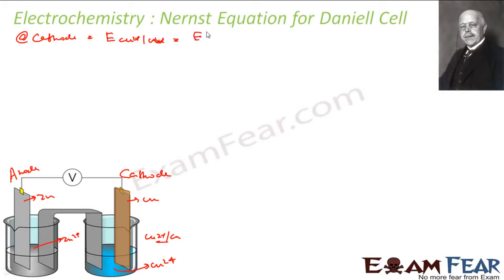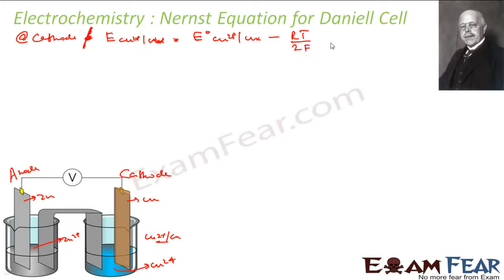The reduction potential of Cu2 plus to copper at any concentration is nothing but E naught cathode. This is my equation. The E naught that we have found till now is 0.34 volt, I think. Minus RT by n, how many electrons are getting transferred here? 2, right? You see, 2 electrons.